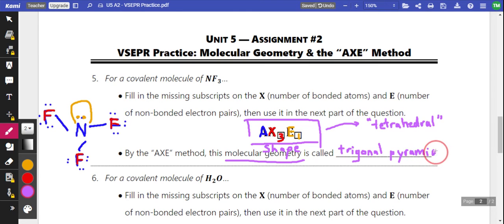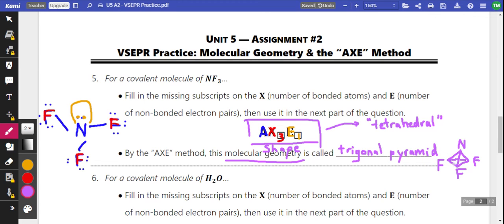Where these fluorines kind of make a triangle pyramid going up to the nitrogen atom, and we leave out where the lone pair of electrons would be. So they're still pushed out of the way, and we end up with a shape that's kind of like this. If you can see my 3D shape there, it would have something kind of in the back. Something like that, where my N is here, and I've got my fluorine, my fluorine, my fluorine there.